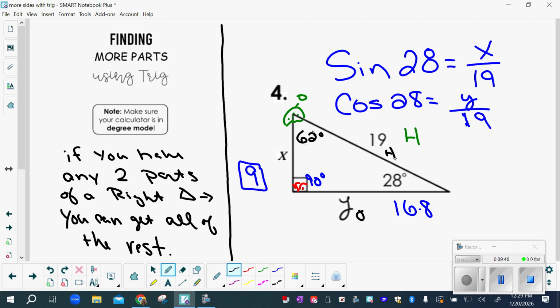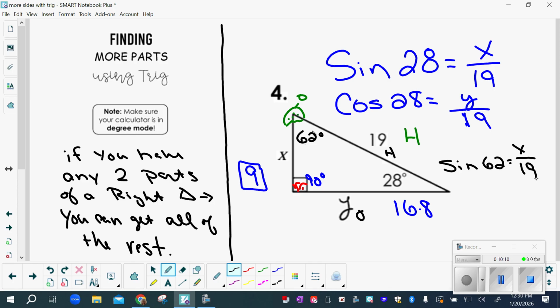So watch what I'm going to do. I'm going to say that the sine of 62 is y over 19. Now look, that's totally different than I have up there. Let's see if we get the same answer. We should get 16.8. Let's see if we do.